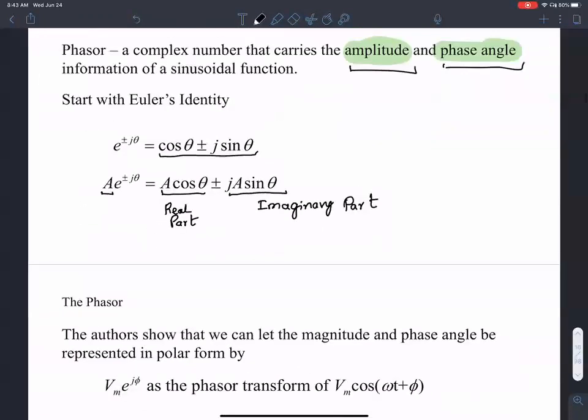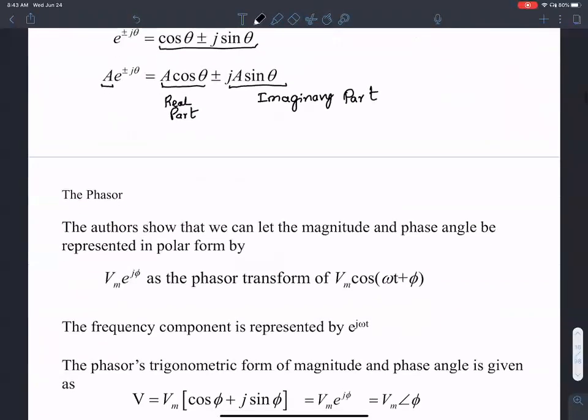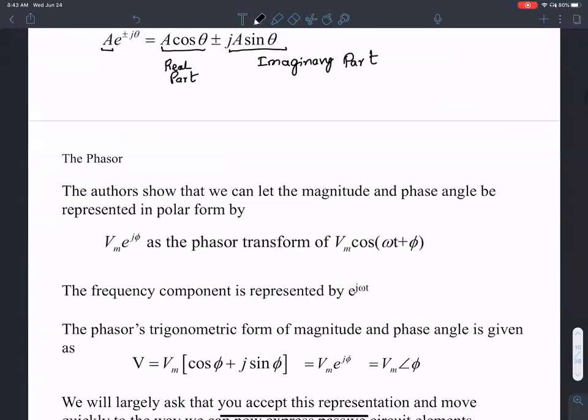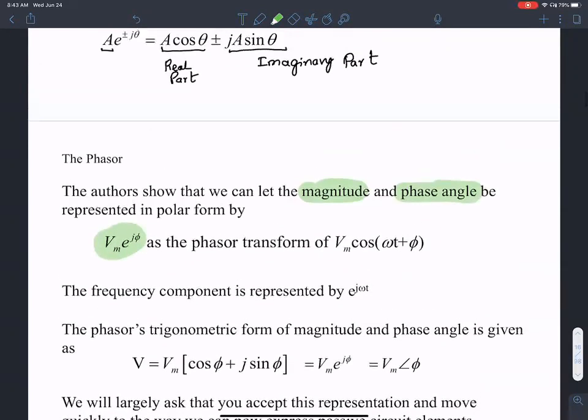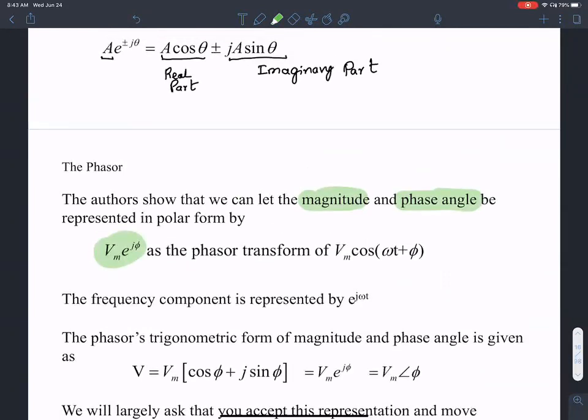Now, the authors in the textbook show that we can let the magnitude and phase angle be represented in the polar form, Vm e to the j theta, as the phasor form of Vm cos omega t.